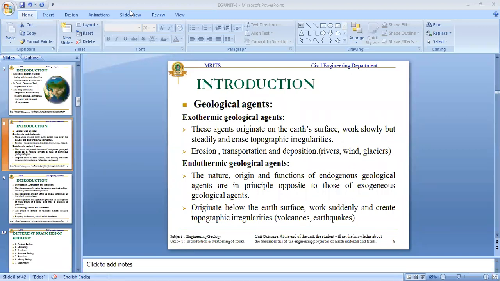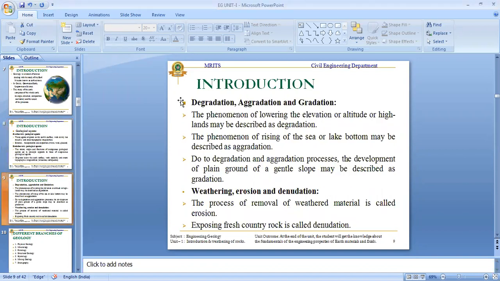So these are the geological agents, and we'll see the processes here, that is degradation, aggradation and gradation. Degradation means removal of the top layer of the soil, making a gentle slope.